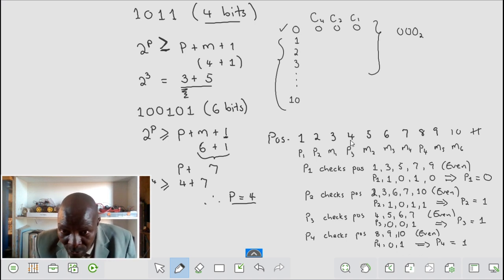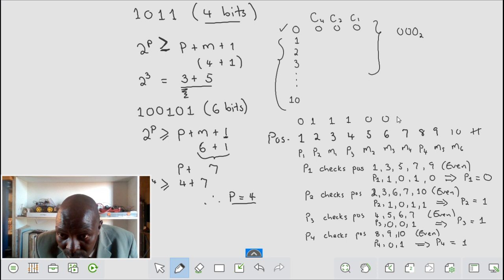So what does it mean? It means that your Hamming code word will therefore be: P1 has been worked out to a 0, P2 has been worked out to a 1, and the first message bit is a 1. P3 has been worked out to a 1. Then positions 5, 6, 7 are the bits 0 0 1.